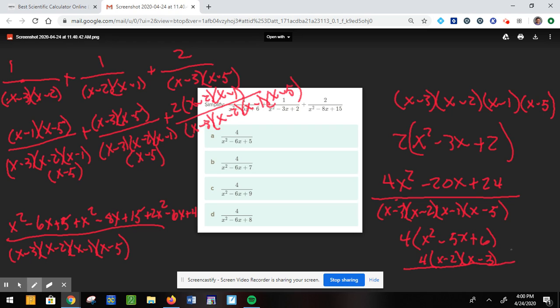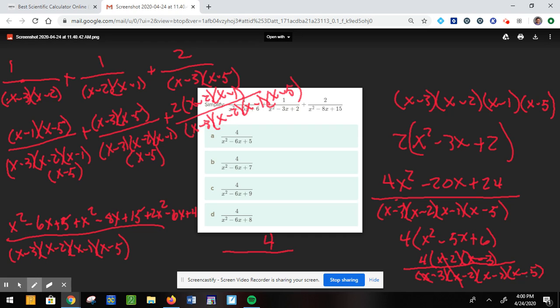All of that is over the common denominator we have, which is x minus 3 times x minus 2 times x minus 1 times x minus 5. What you can do now is divide out, basically you're simplifying a fraction, right? The x minus 2's are gone, the x minus 3's are gone, and what you're left with is 4, which is good because all the answers have 4 as a numerator, over x minus 1 times x minus 5.